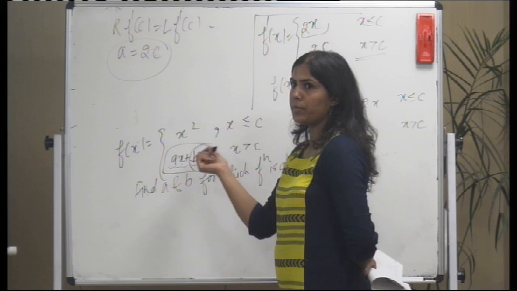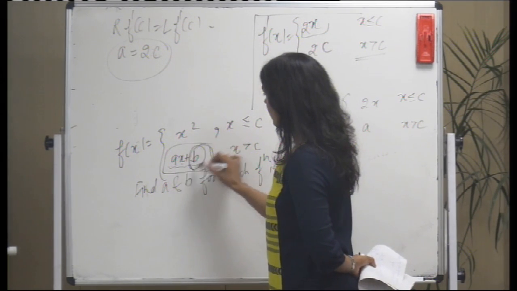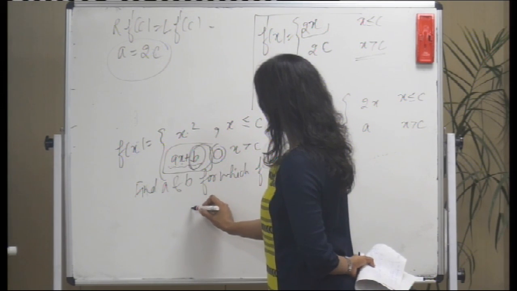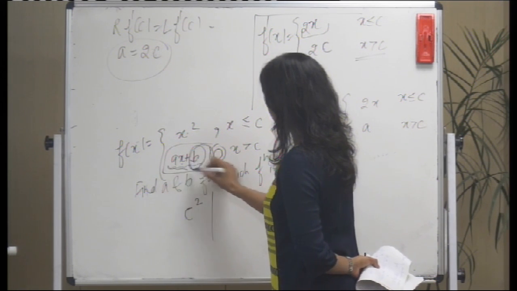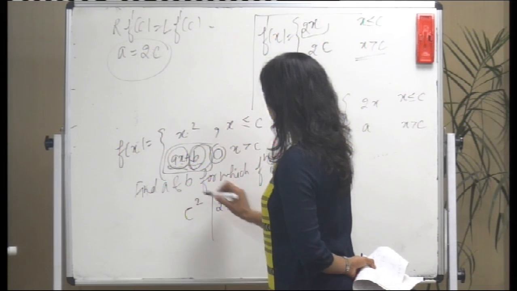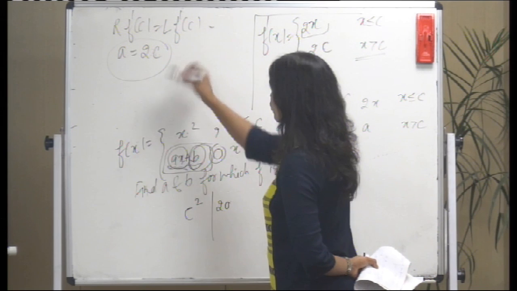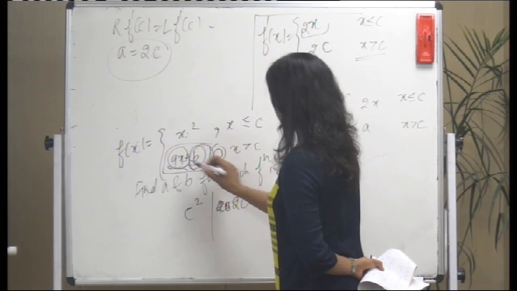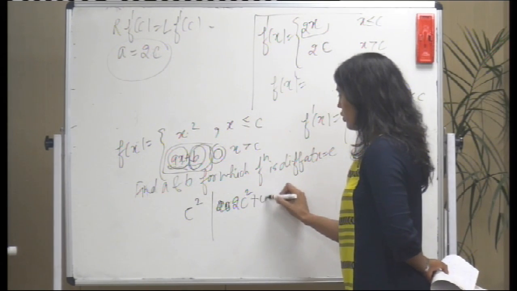Yes, continuity part is breaking. At 0 it is giving you 2c square when you are substituting, and then a is 2c, x is c, so 2c square, then b value we are taking 0.